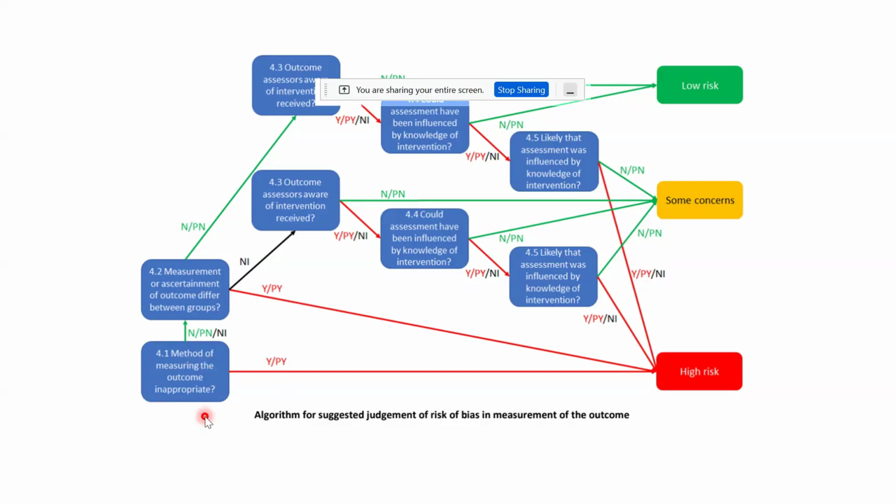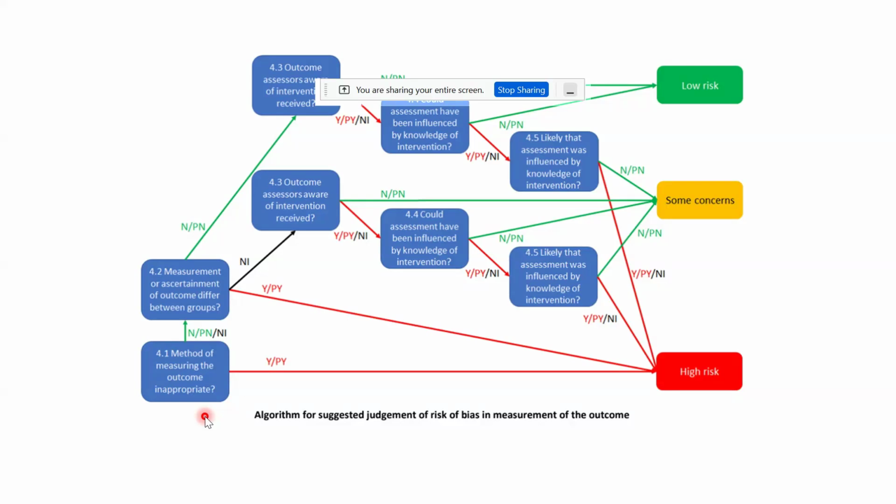We know that when outcomes are measured in trials, there can be many methods of measuring the outcome. For instance, if we are measuring recovery from tuberculosis, it could be measured by clinical resolution of the tuberculosis symptoms, by microbiological confirmation, or by radiological confirmation, isn't it?